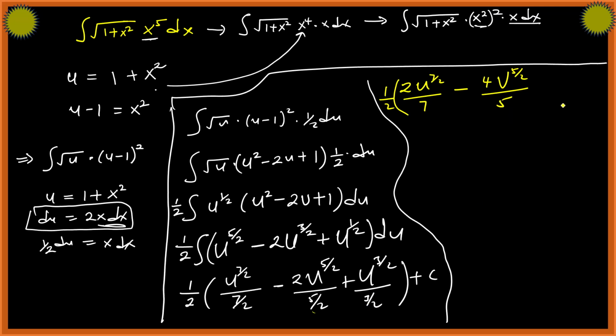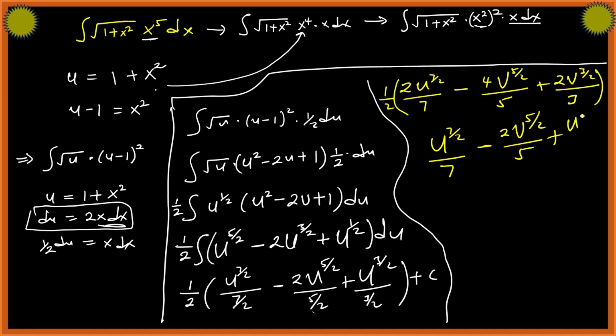And this 2 also multiplies that, 2u over 3. So let's expand. So half times that, these two will cancel. So I will have u raised to 7 on 2 over 7. Half times that, 4 here, so it will be 2u raised to 5 on 2 over 5. So times half, it will cancel these 2. I will have u raised to 3 on 2 over 3 plus c.